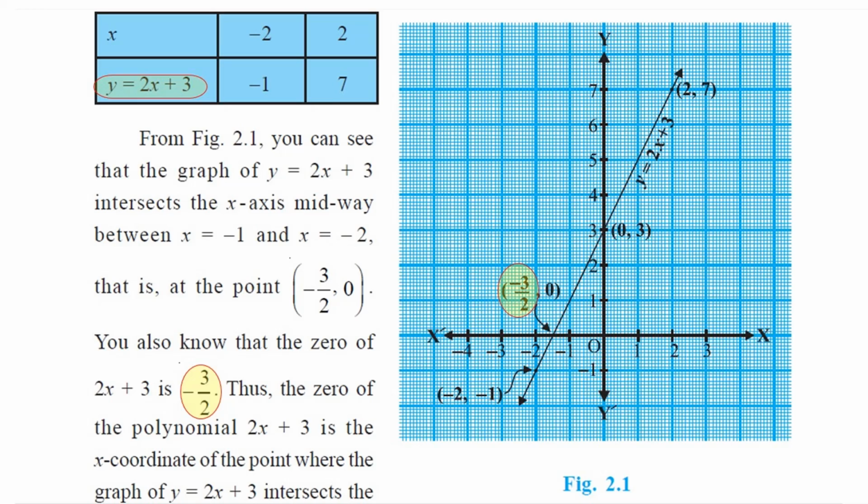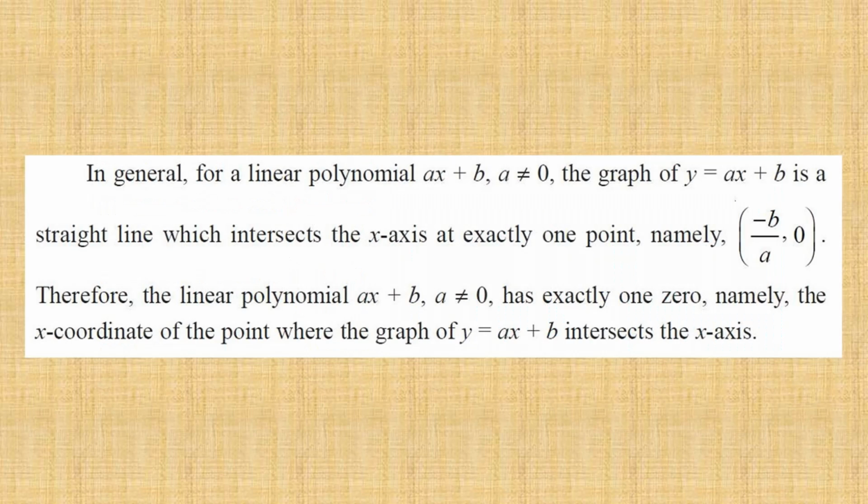So the x coordinate of the intersecting point and the 0 of the polynomial are the same. That's the geometric meaning of the 0 of a linear polynomial. One thing you have to note: for every linear equation, the graph will be a straight line. That's why the word linear comes. Linear comes from line.